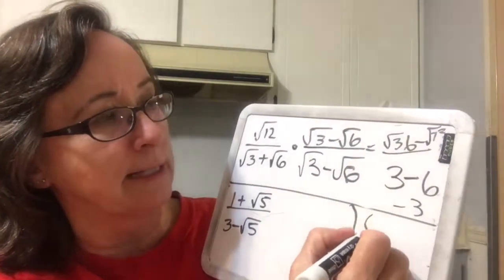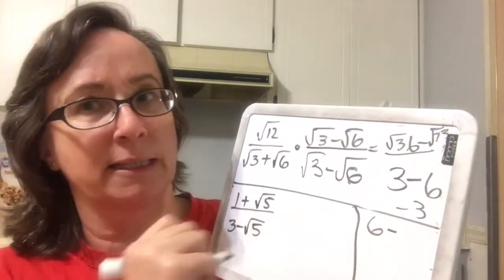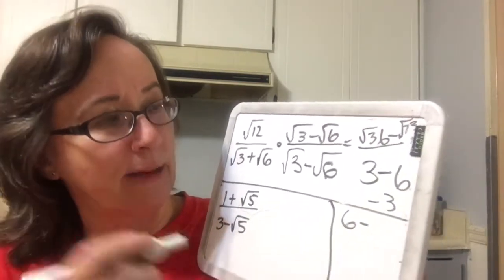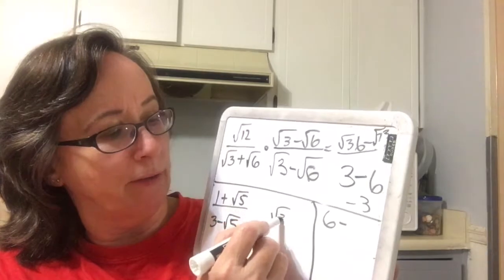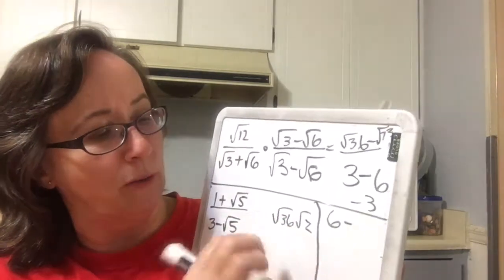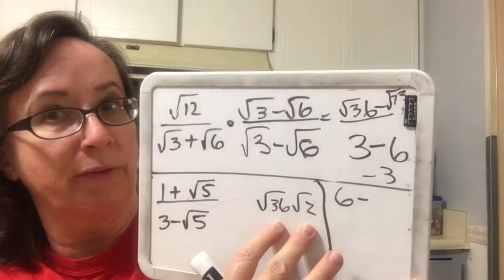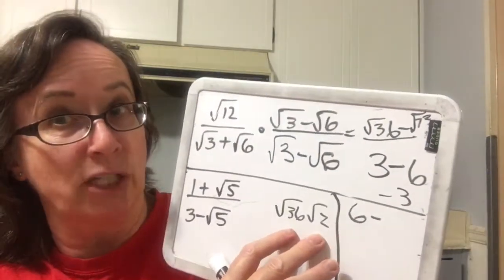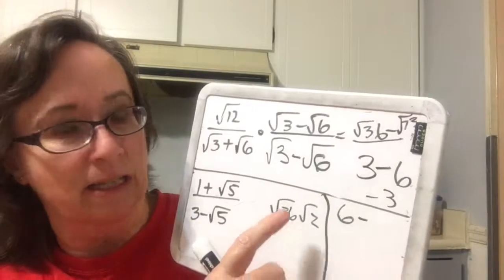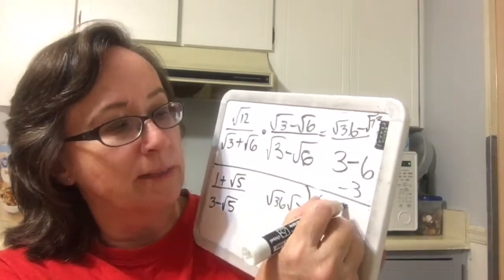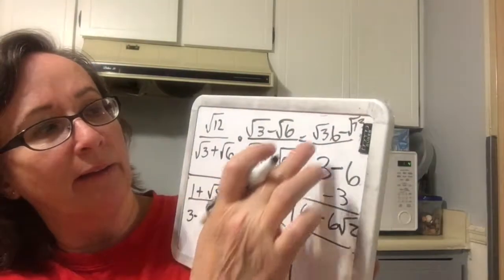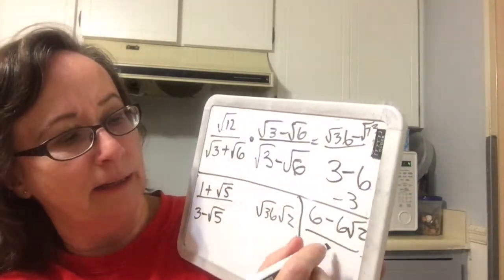The square root of 36 is 6, minus, now, 72 has 36 in it. In fact, 72 is the square root of 36 times the square root of 2, so we reduce the square root of 72 into 6 square root of 2. So 6 square root of 2 is my reduced answer there. And then on the bottom, I have a negative 3.